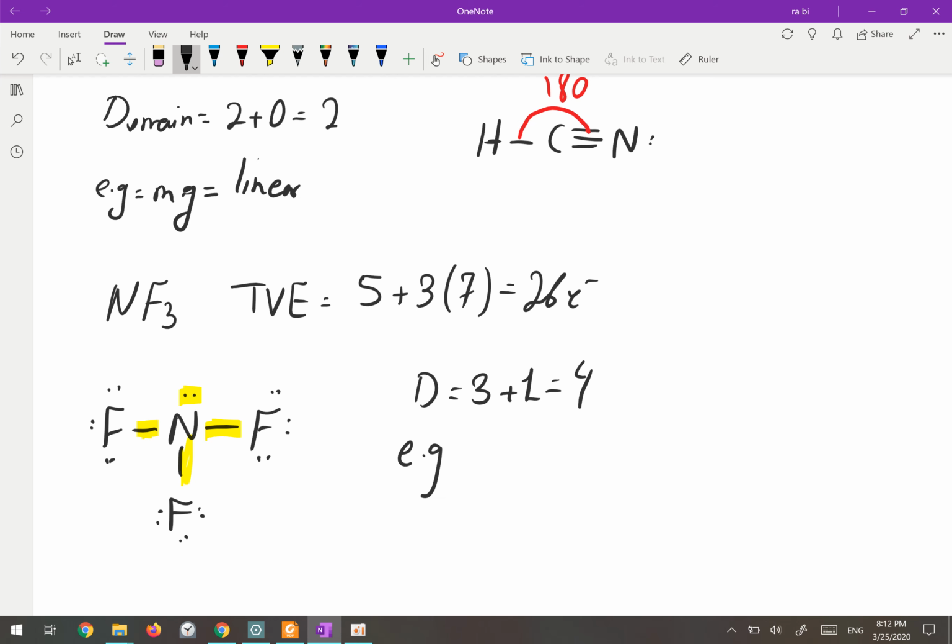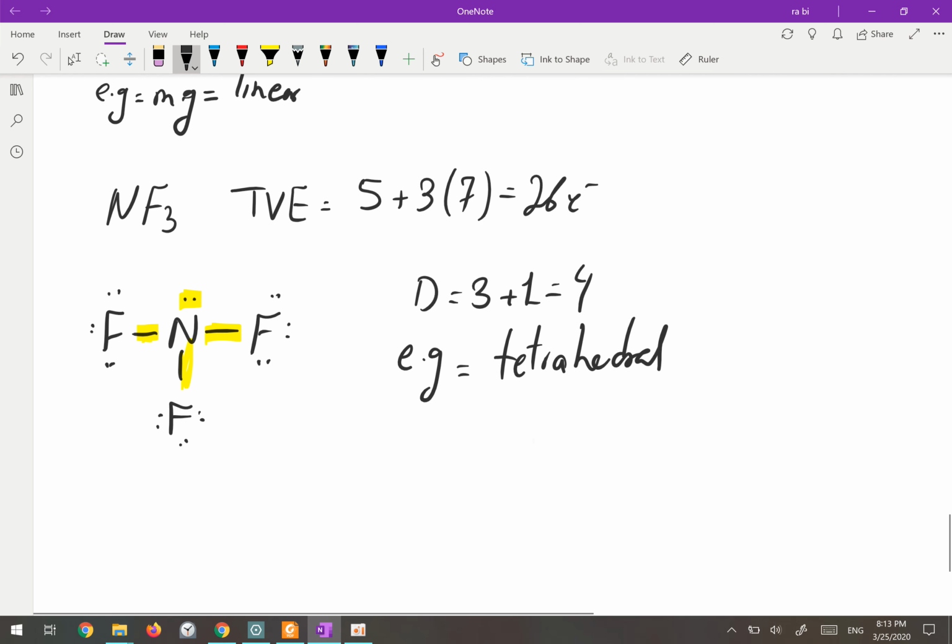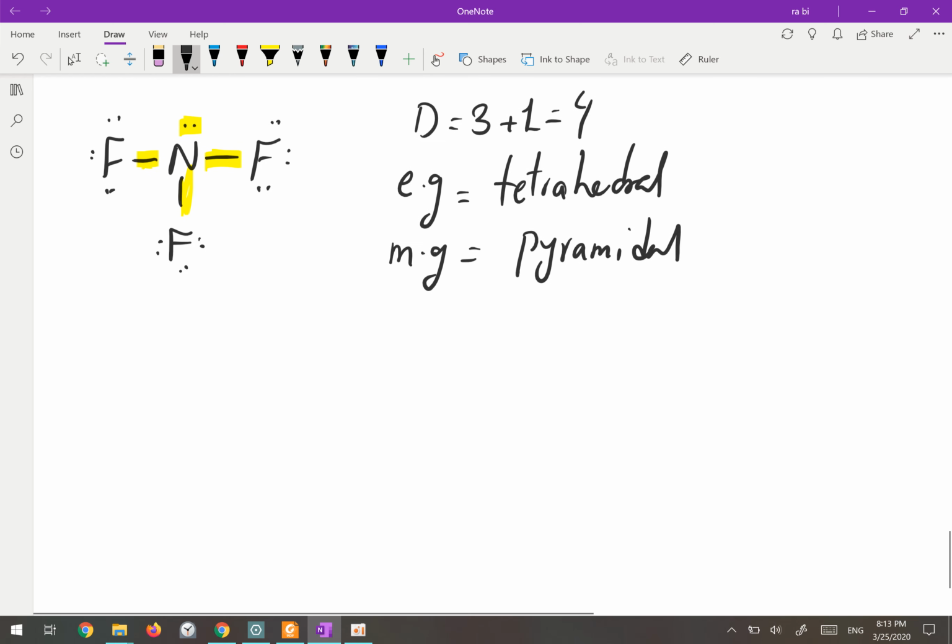So when you have 4 domains, the electronic geometry is tetrahedral. You can look at the table that I have shown you in your book and determine the electronic geometry. And when you have 1 lone pair, in that case the molecular geometry would be pyramidal or trigonal pyramidal. So these are 4 domains.